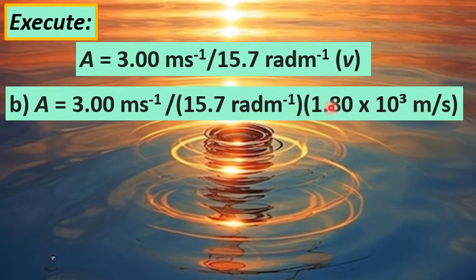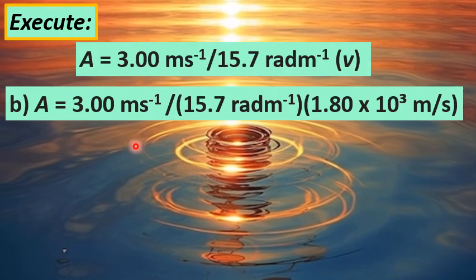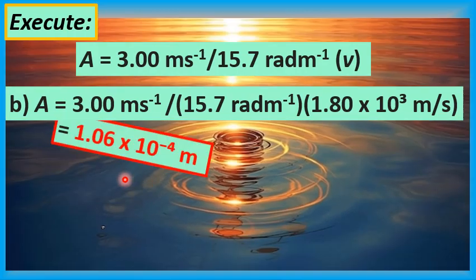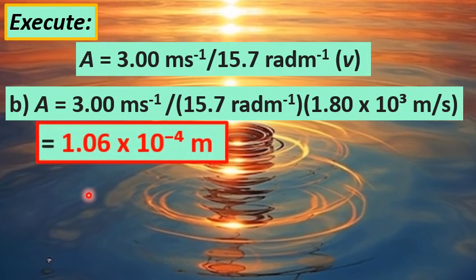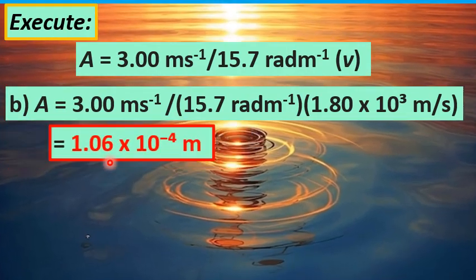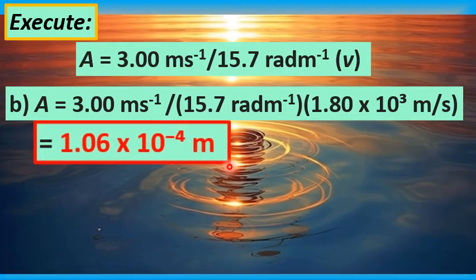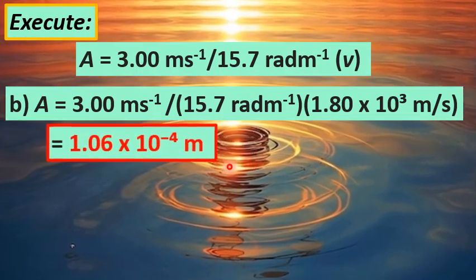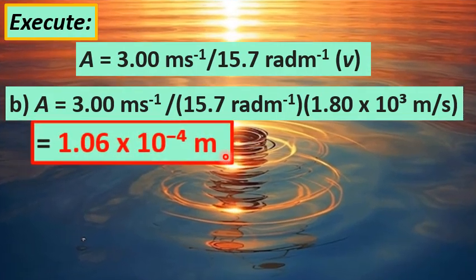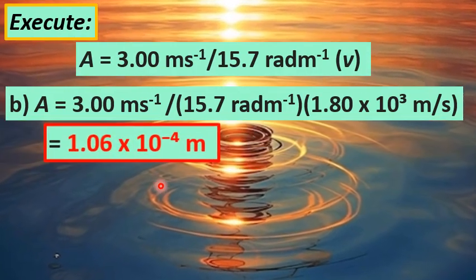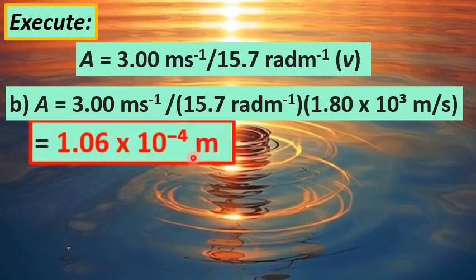So doing our math to find the amplitude, capital A, we get the amplitude equal to 1.06 times 10 to the negative 4 meters. So this is the amplitude of the wave. Again, we followed the rules of significant figures.